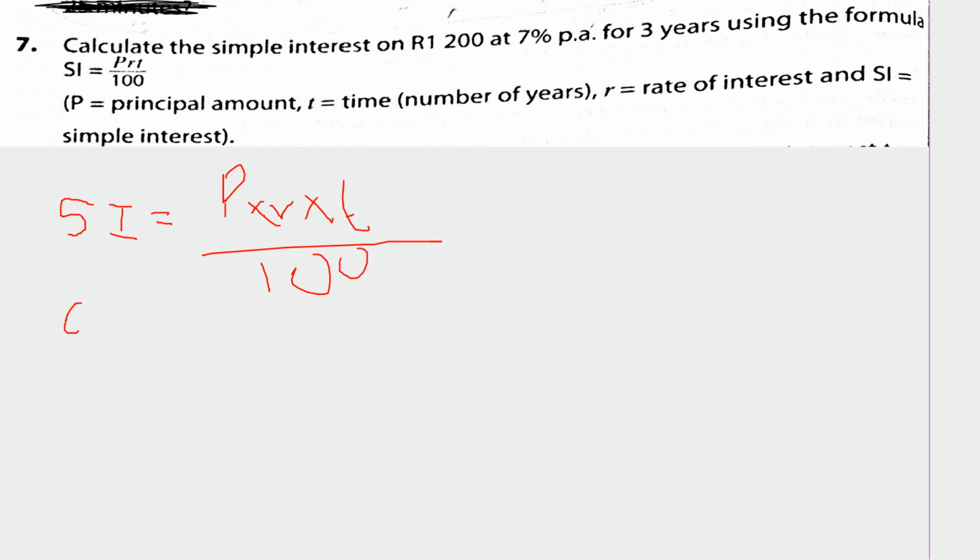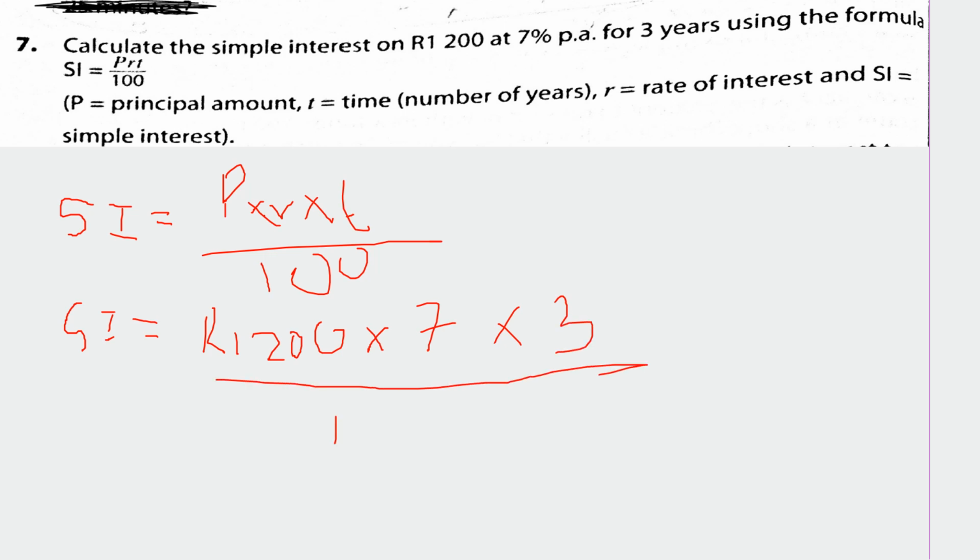Okay, so our simple interest will be how much? The principal value is given to be 1,200, multiplied by the rate of interest, which is 7% per annum, multiplied by time, which is 3 years, all divided by 100.